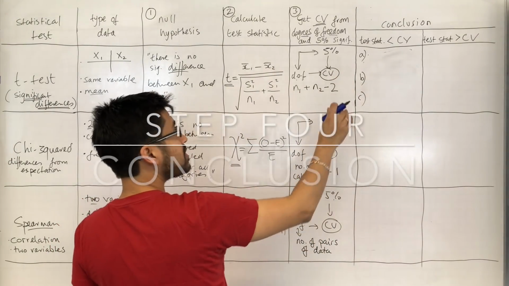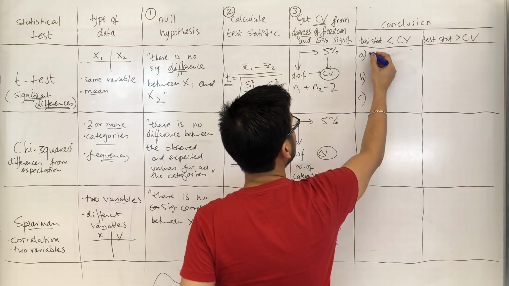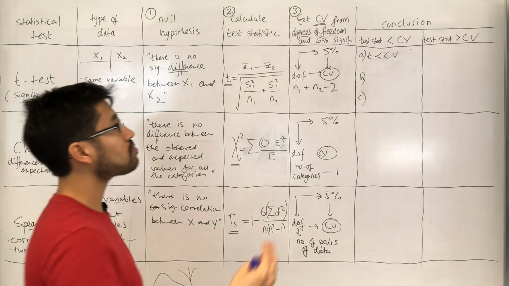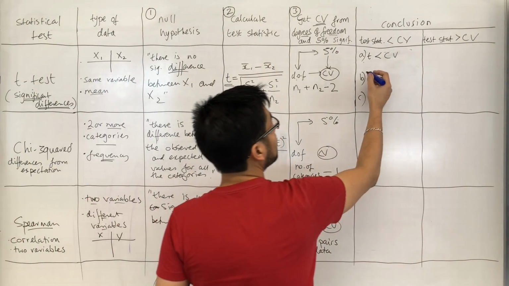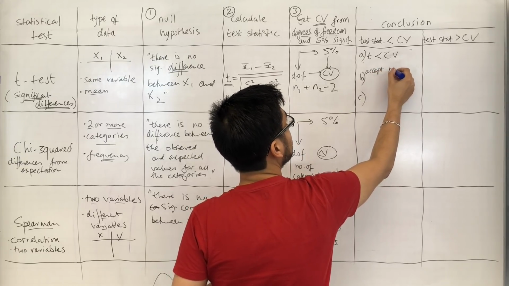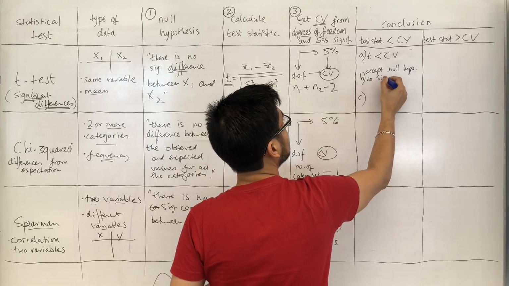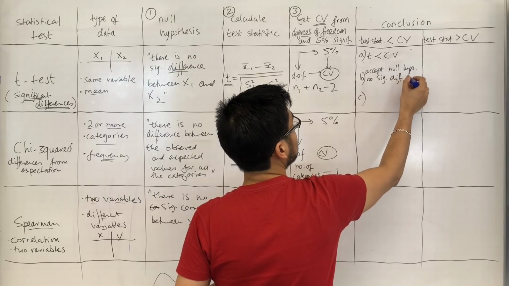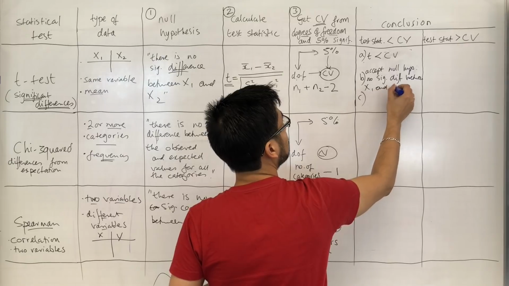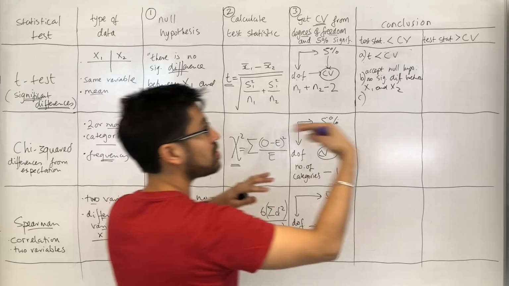So the first thing you've got to say in your conclusion is the nature of your comparison. In this case, t was less than the critical value, and you must state that. The next thing you say is, because of that, I accept the null hypothesis that there is no significant difference between x1 and x2, between whatever the first population was and the second population.